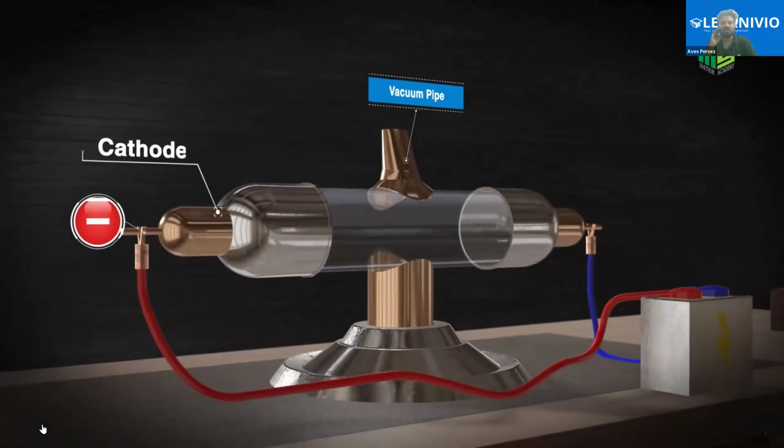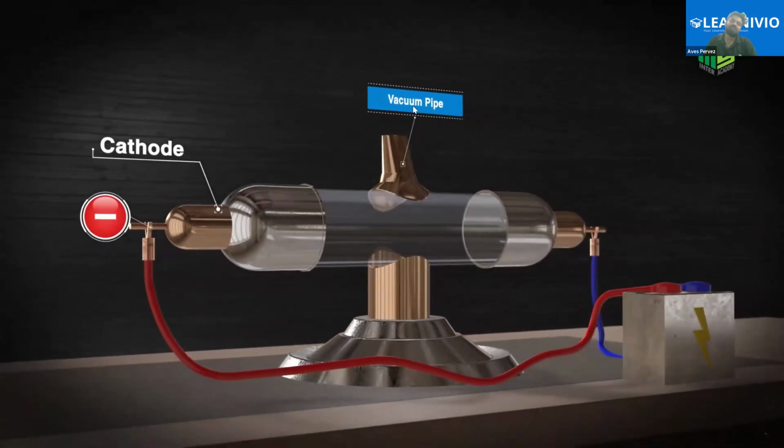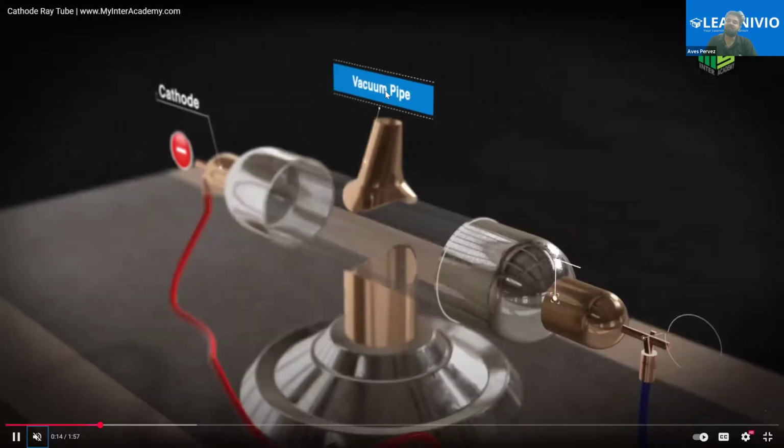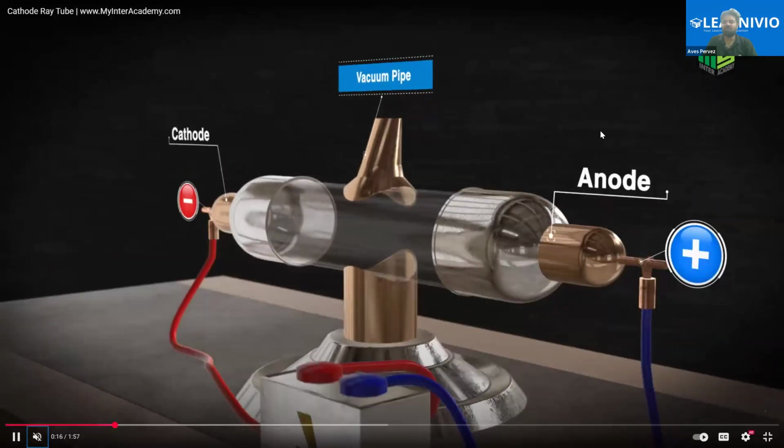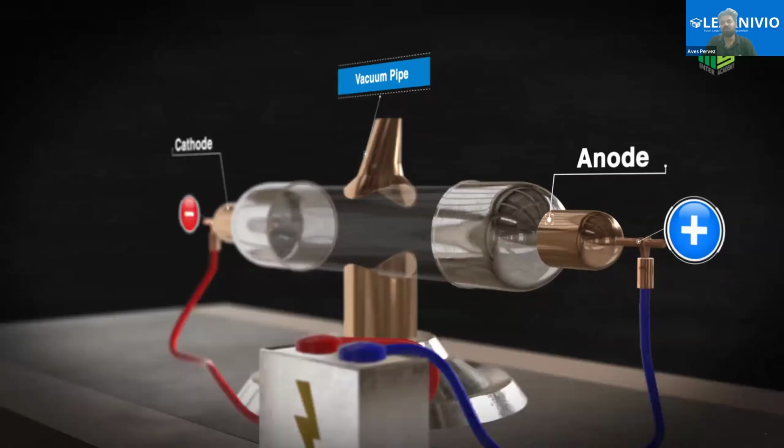Almost a negligible amount of air is there, at very, very low pressure, and this is a vacuum pump, and it helps to remove the air.